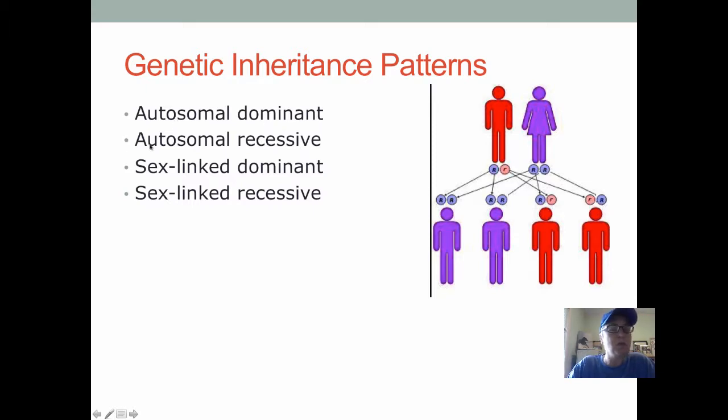Most of the time you hear about a genetic disease that's autosomal recessive, meaning there's carriers out there, they're heterozygotes, and they hook up and they get the disease when you get two recessive genes, and when you get those, you get the disorder. Sex-linked dominant and recessive are different.